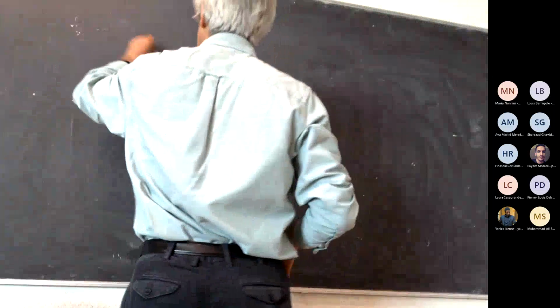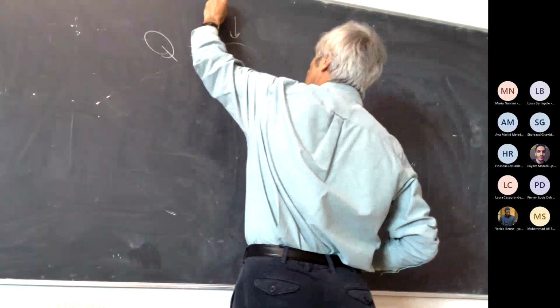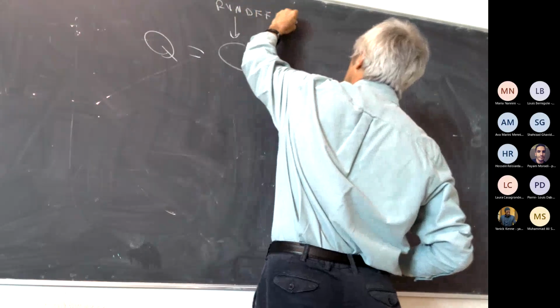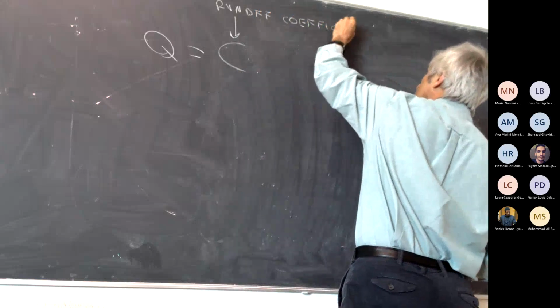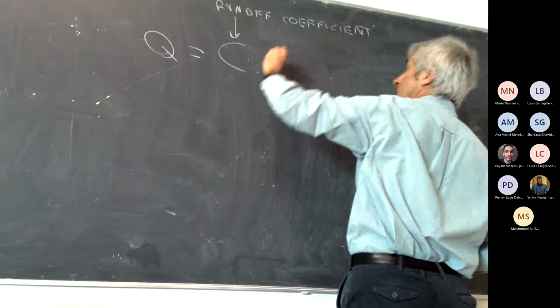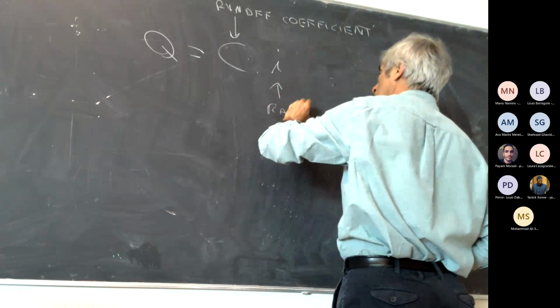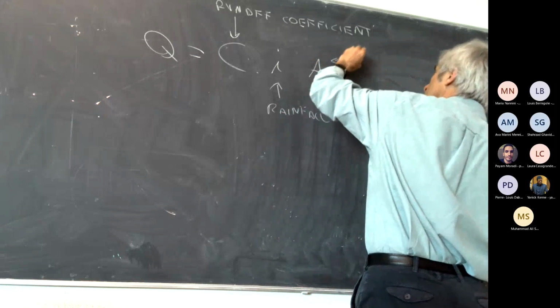In the rational formula, I write C, which is called runoff coefficient, times rainfall, times A, area.